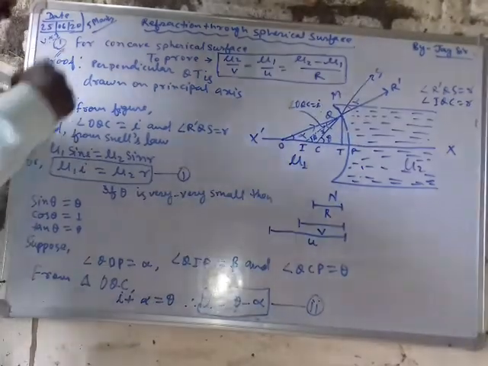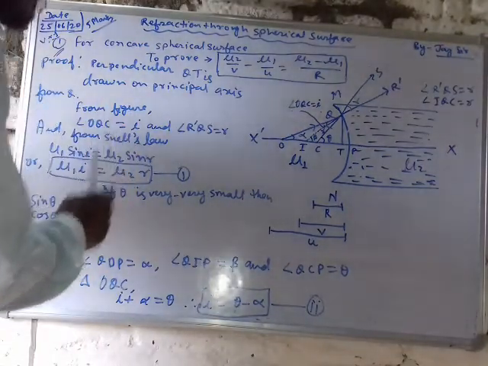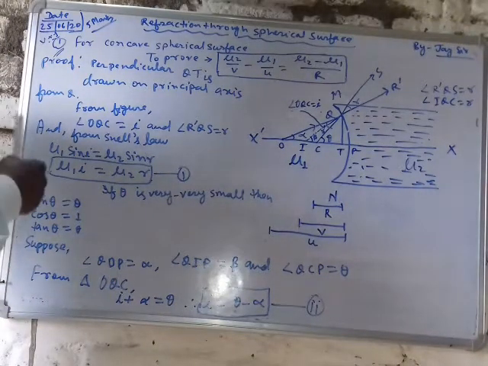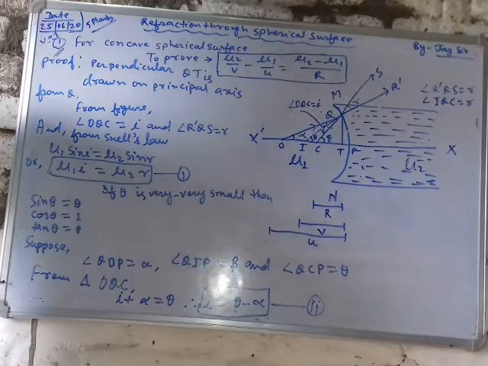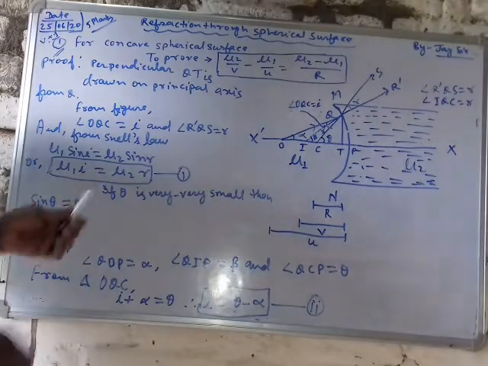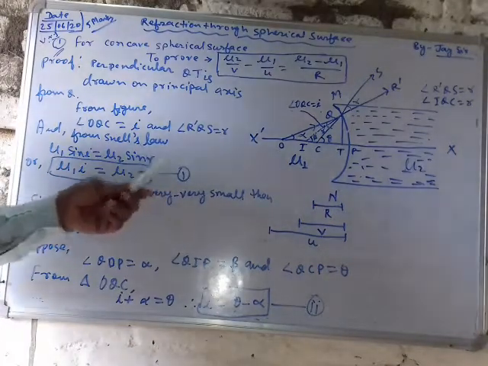We know from Snell's law that mu1 sin i is equal to mu2 sin r. So we can write this formula as mu1 i equal to mu2 r. We take it as equation 1.